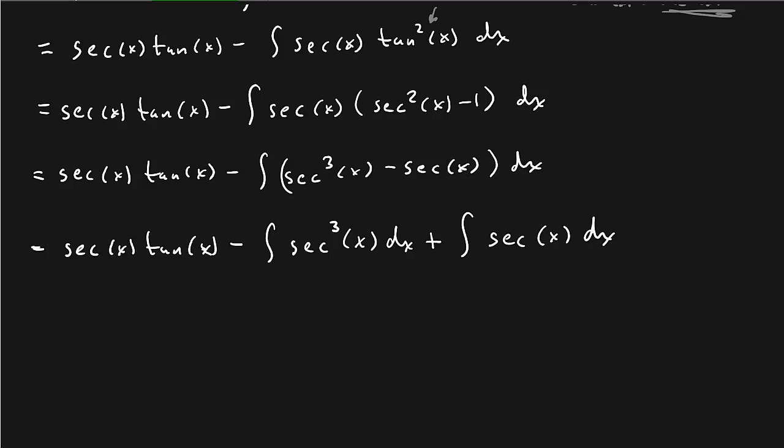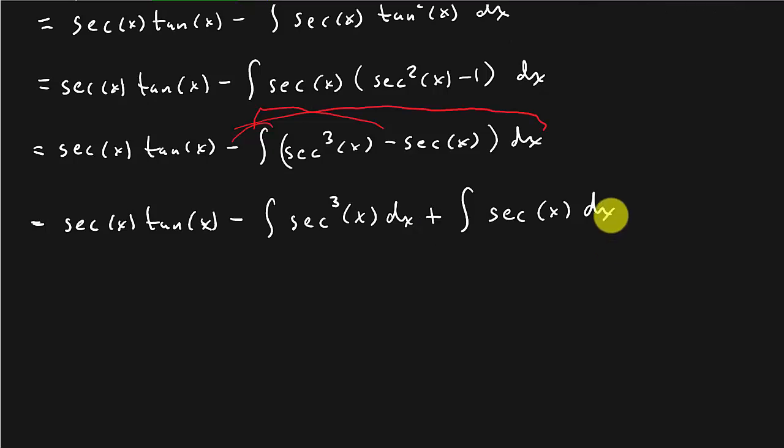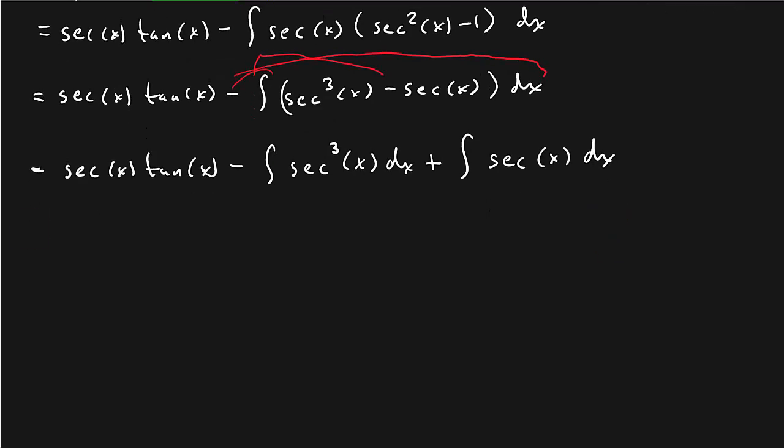All I did there is split this integral up into the integral of secant cubed, and we got a minus out here, so if you distribute the minus, this is going to turn into a plus right here.